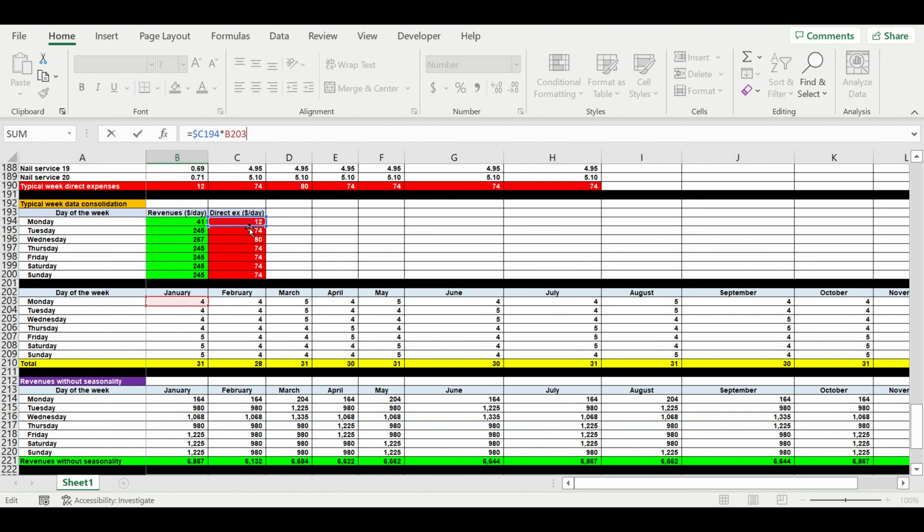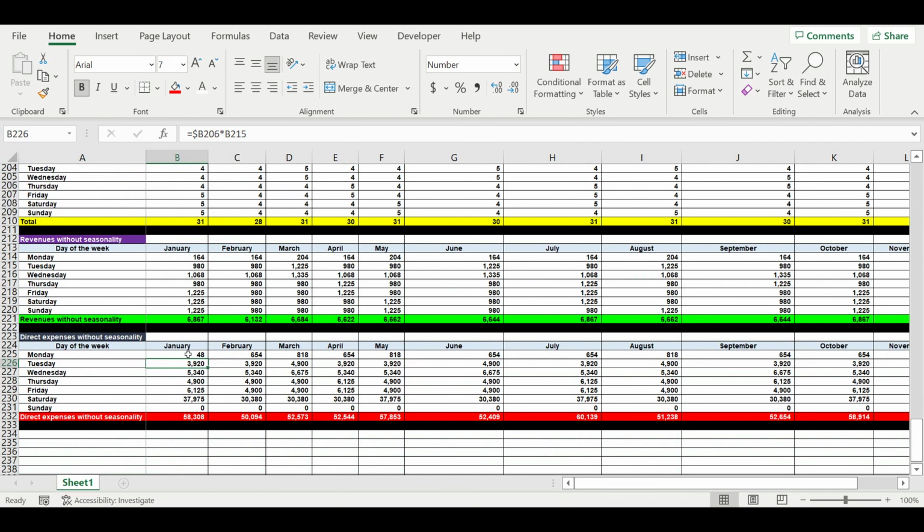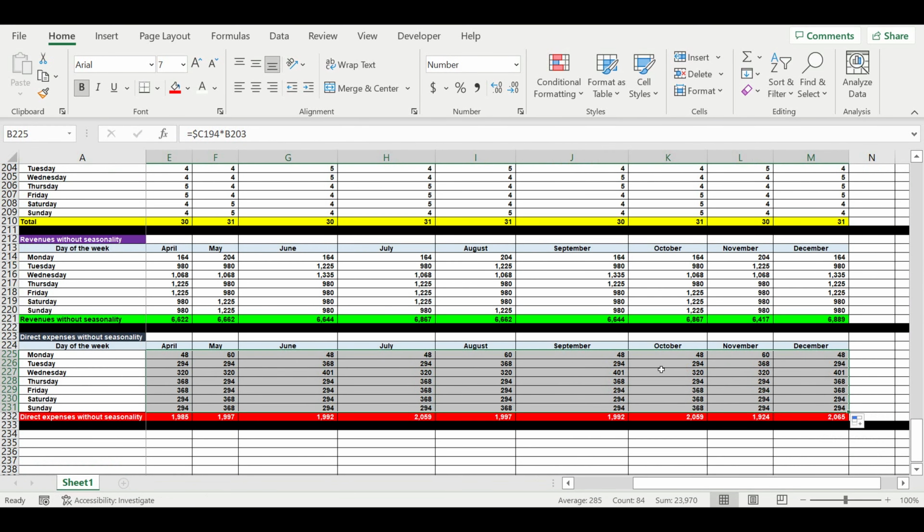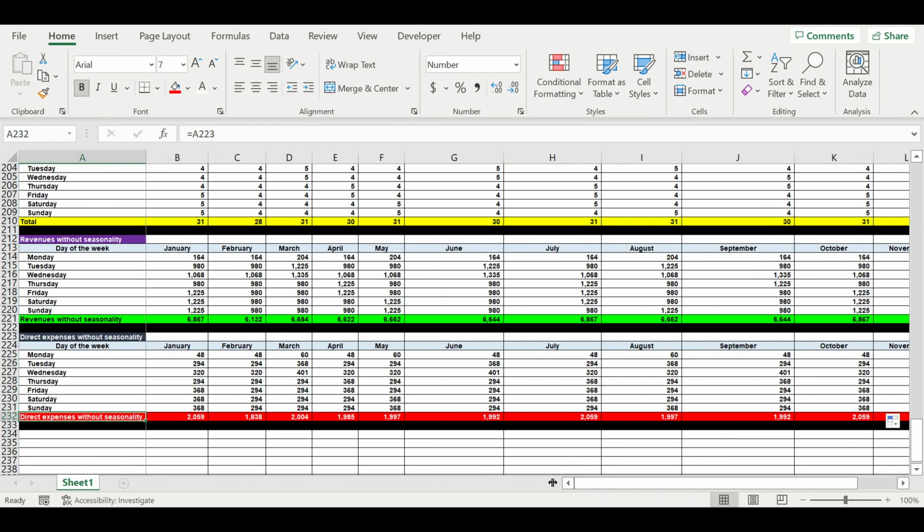We are taking direct expenses per day, per Monday, Tuesday and Wednesday, and multiplying them by the amount of Mondays, Tuesdays inside each month of the typical year. Then we press enter, and extrapolate this formula to the bottom and to the right. So now we have revenues and direct expenses of a typical year without seasonality.